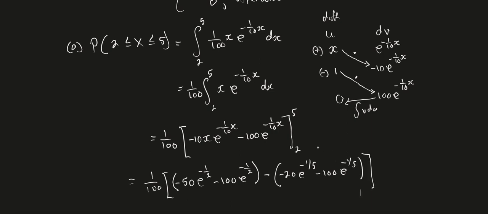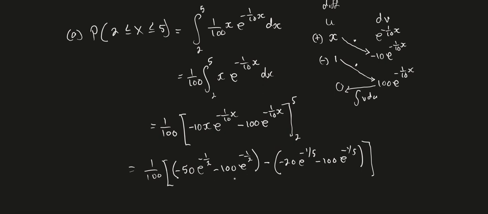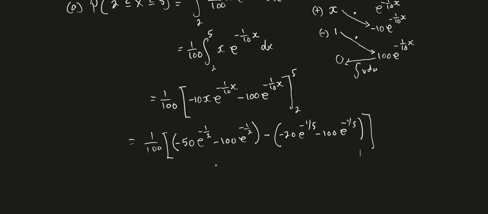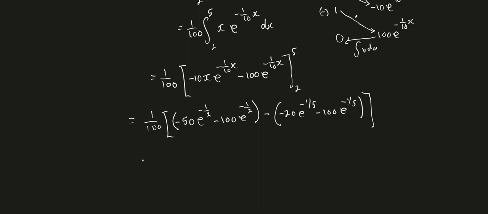All right, so the way this works out, we have like terms here that we can combine, and like terms here that we can combine. So I still have my 1/100 in front. So here I would have negative 150 e to the negative 1/2. And then this would be negative 120, but there's a negative outside, so a positive 120 e to the negative 1/5, right?